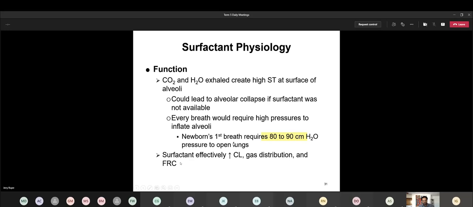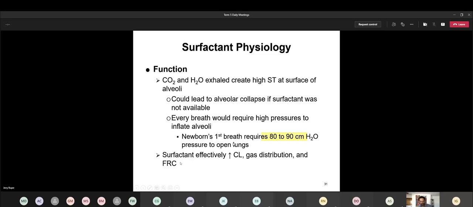Now, for NRP purposes, they want you to remember that the very first breath you give a newborn who's not breathing may require about 30 to 40 of pressure to get them to open up. But here it's saying that, theoretically, it could be double that in some cases, to get those alveoli open so the water molecules are separated from each other.